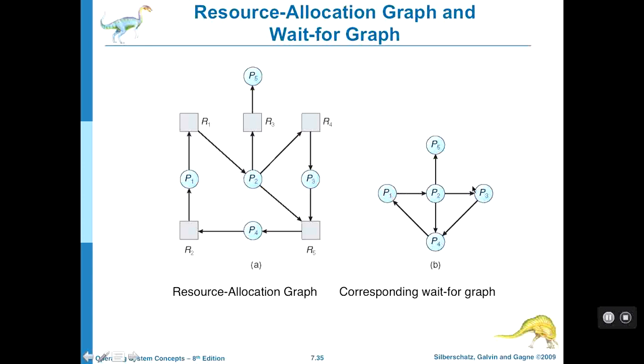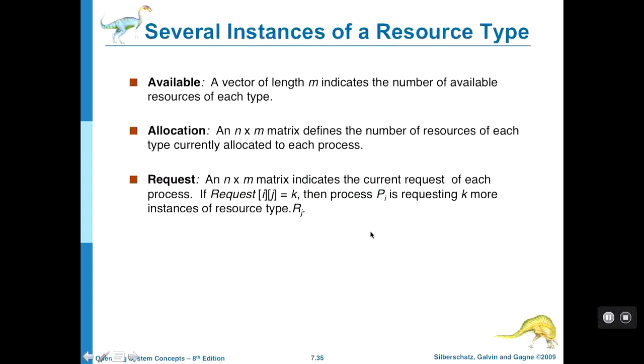And so here we can see that there is a cycle right here, as P2 is waiting for something held by P5, and P5 is waiting for something held by P3. We can see that there is actually a cycle here.